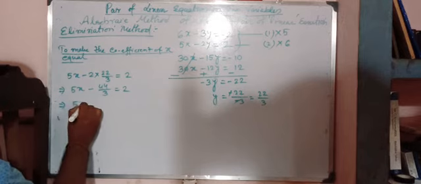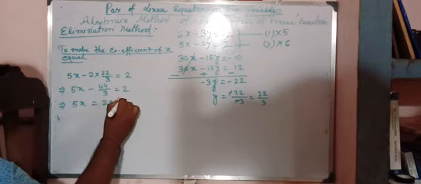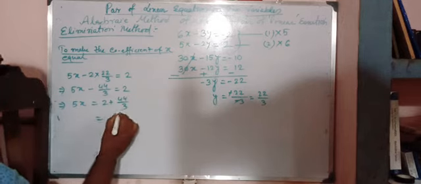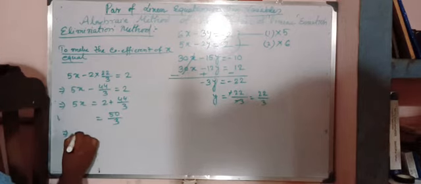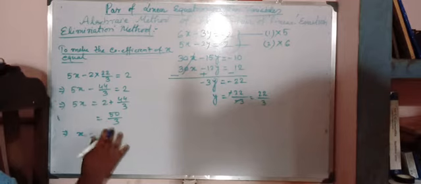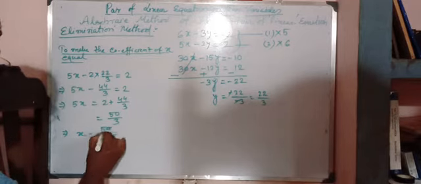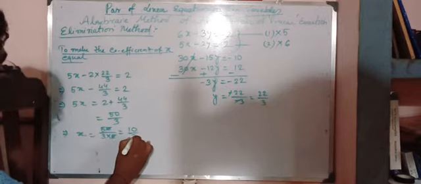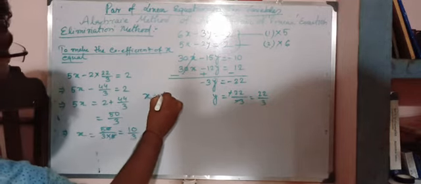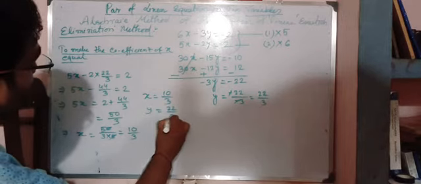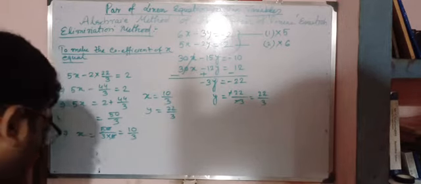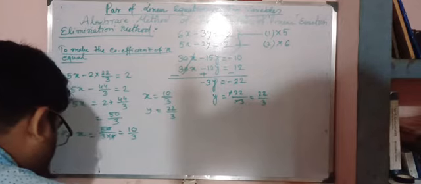That means 5x is equal to 2 plus 44 by 3, that is 50 by 3. That means x is equal to 50 by 3 into 5, that is 10 by 3. So the solution is x equal to 10 by 3, y equal to 22 by 3.